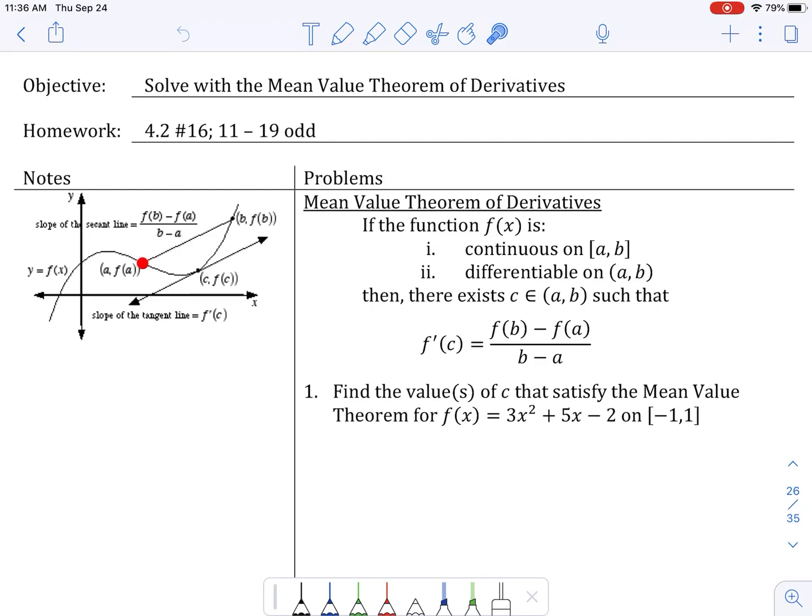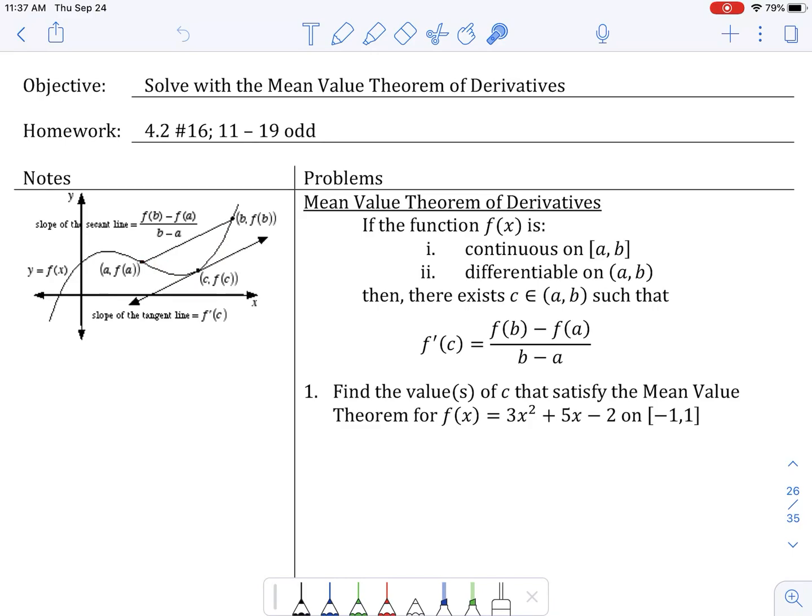So basically, if we look at this picture over here, if this is our interval a to b, this is the secant line. It just means that there's some tangent line where these are parallel. So hopefully that picture makes a little bit of sense.